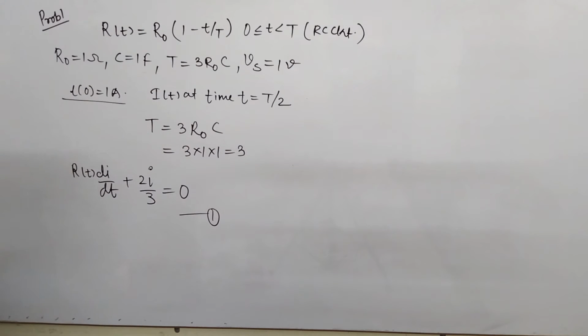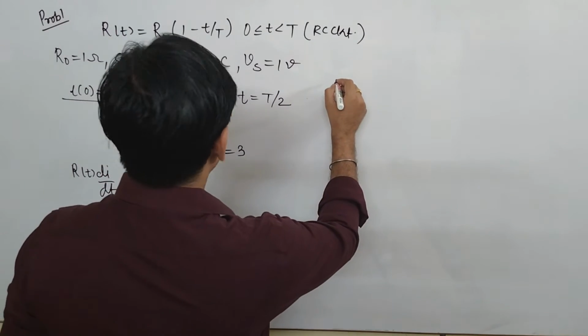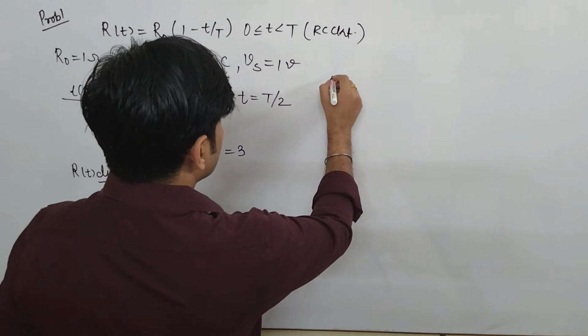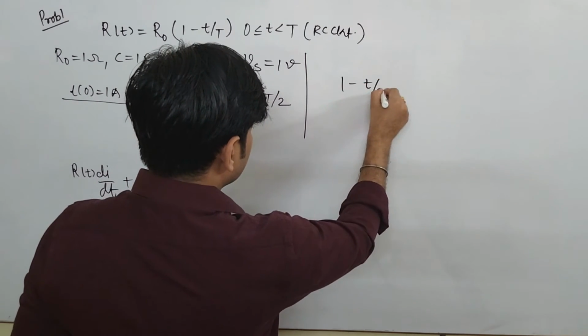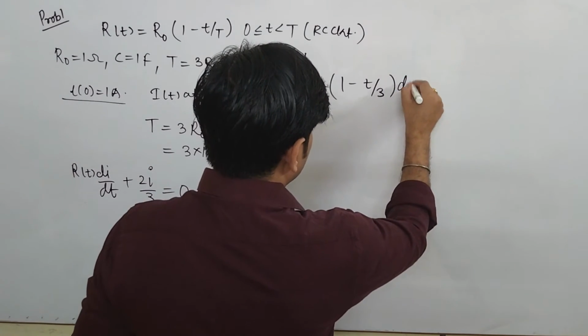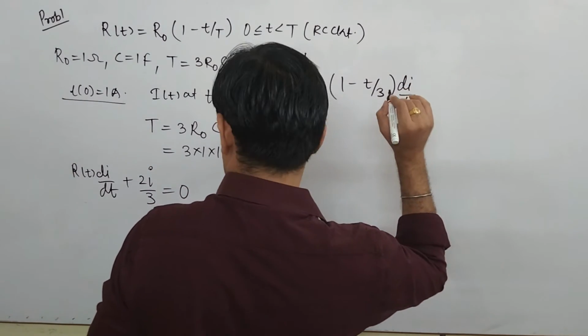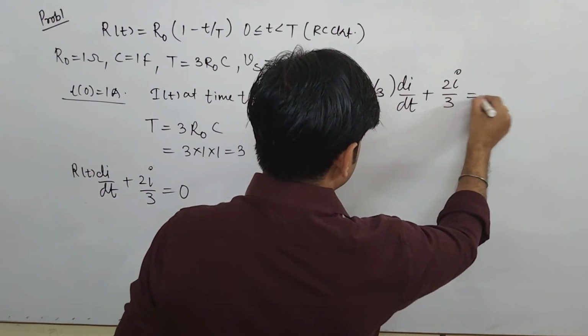Now if you again see this, the value of R(t) is R naught into 1 minus t by T. So if I put this value here, the value of R naught is 1 ohm. So I am solving here, it is 1 minus t by 3, because the value of capital T is 3, into di upon dt, plus 2i by 3, and it is equal to 0.